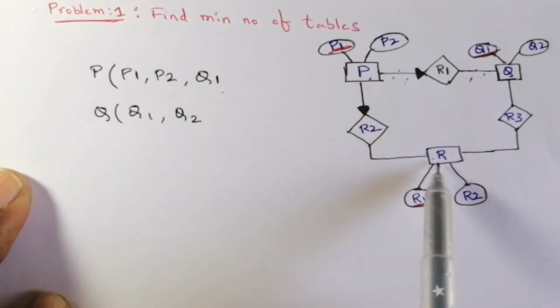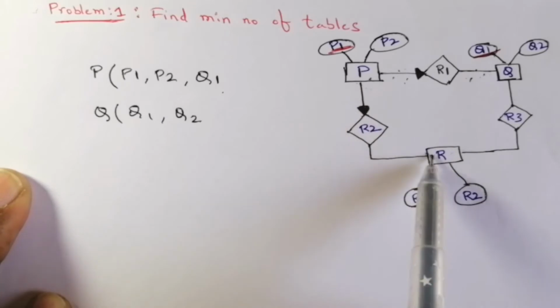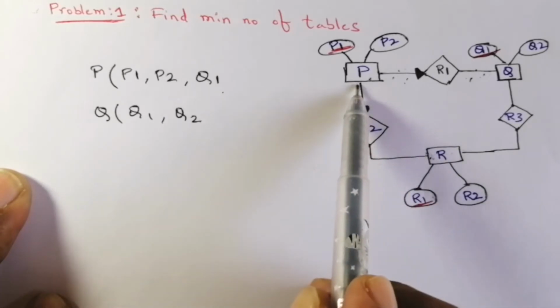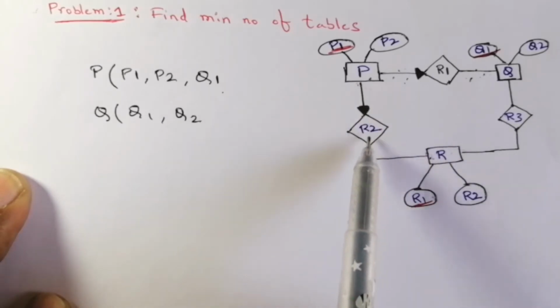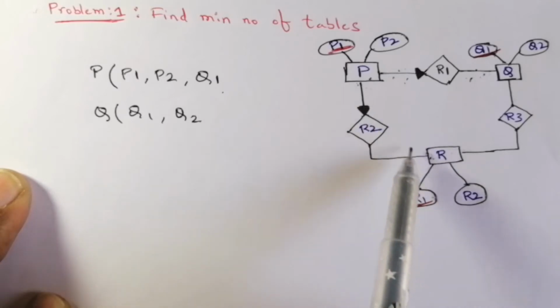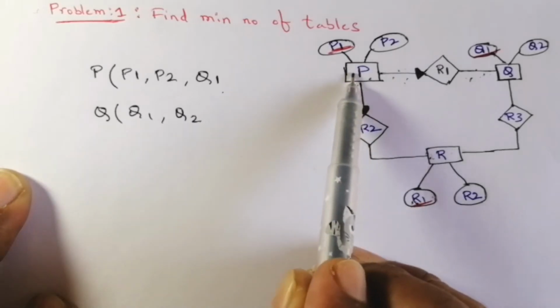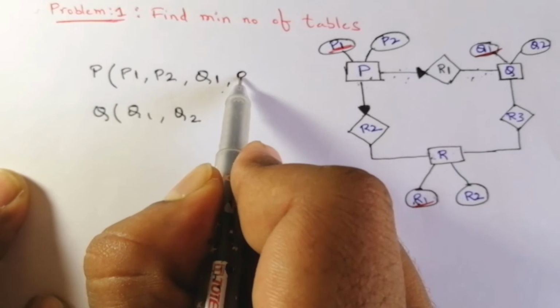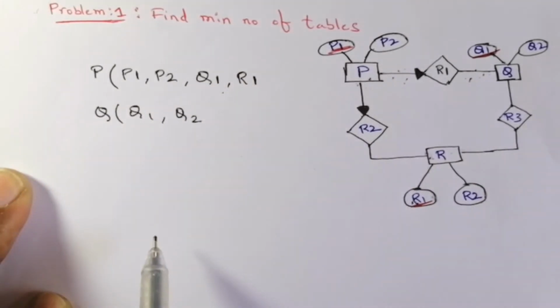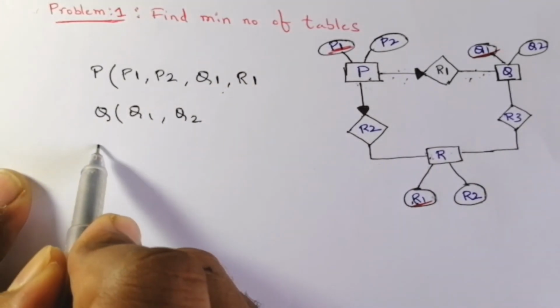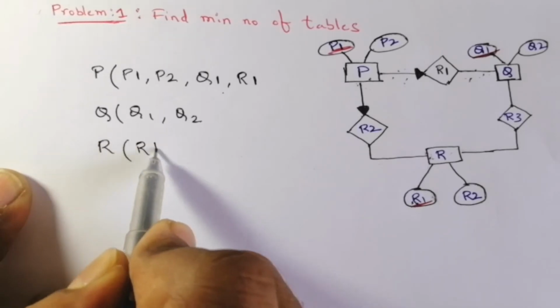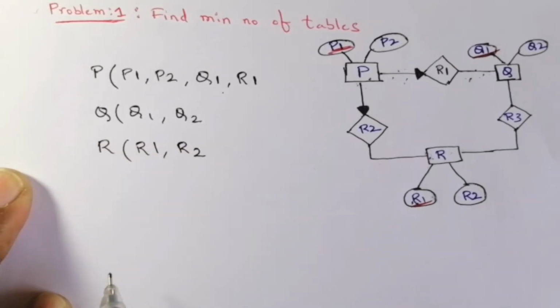Now let us move to this side. So the one side is R, the many side is P. If we take this consideration, the many side P is going to absorb its associated primary key. That means R1 is also going to come to P. So Q1, R1, right? And what is R going to have now? R1, R2, right?